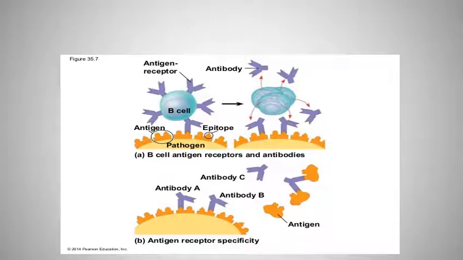Here you can see the antibodies which are secreted once the B lymphocyte antigen receptor binds to the epitope. Proliferation takes place. The plasma cells are called the effector cells, of which a clone is produced.